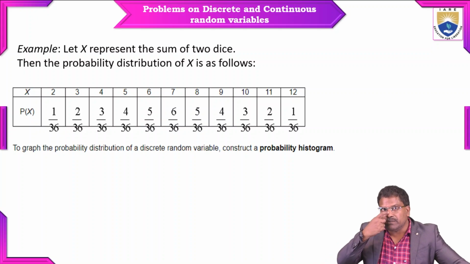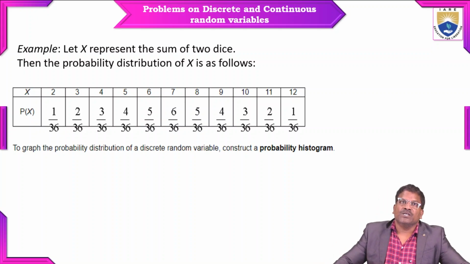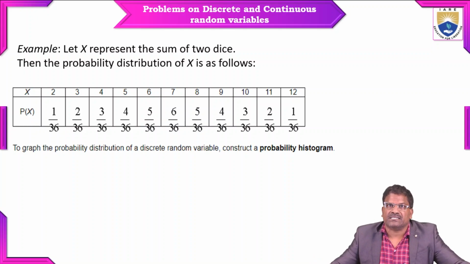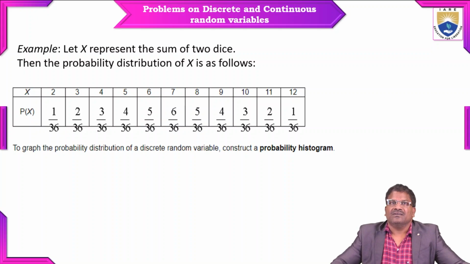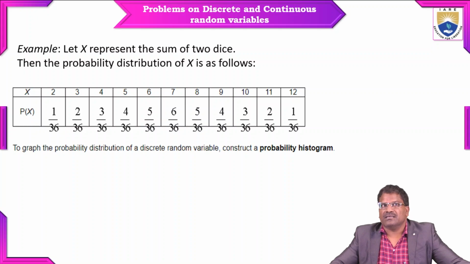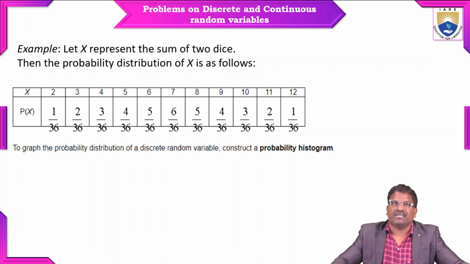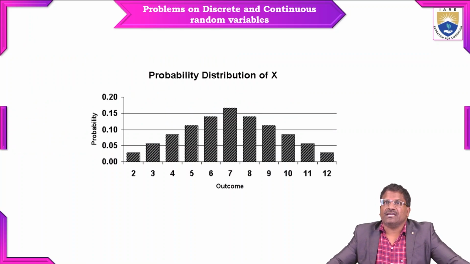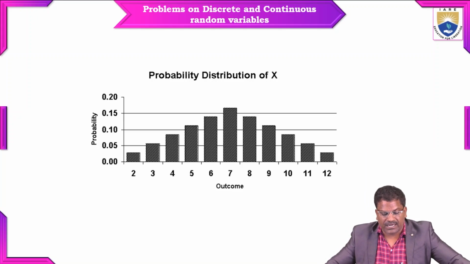Now, this table depicts that the probability of getting the sum 2 on two dice is P of 2, which is given as 1 by 36. The probability to get the total sum 12 is also 1 by 36. Here the probability distribution of X is depicted like this.